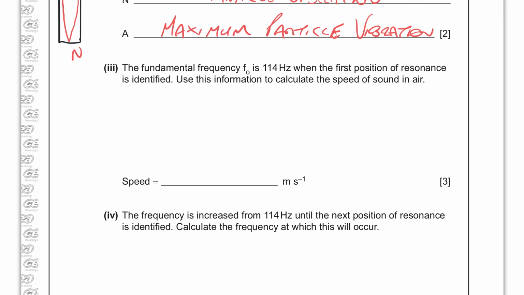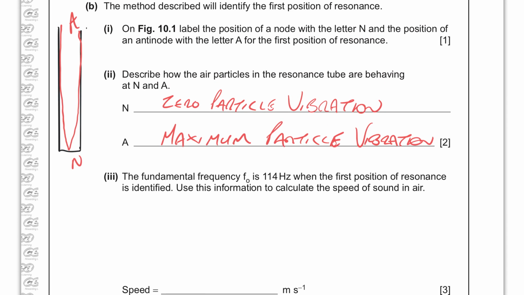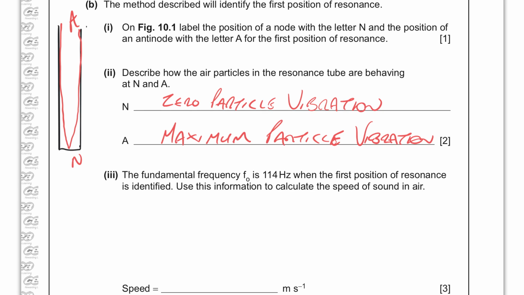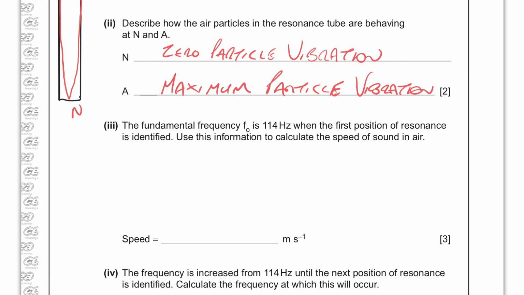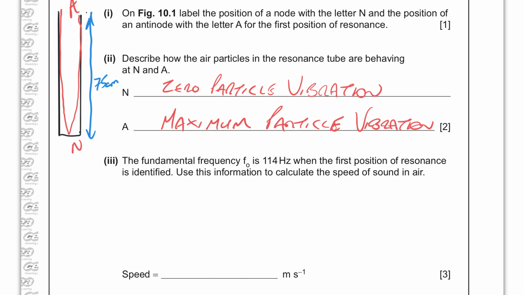Now, if I go back to this diagram, the tube contains, at the fundamental, a quarter of lambda, and the previous diagram told us that the length of that tube was 75 centimeters. So we have lambda over 4 equals 75 centimeters, and we have F0 equals 114 Hertz.